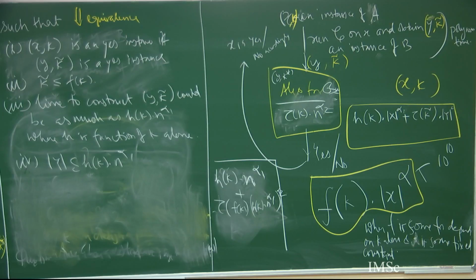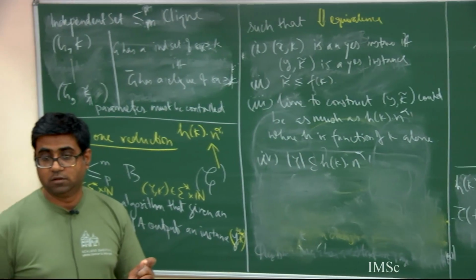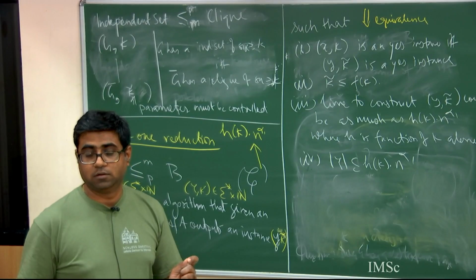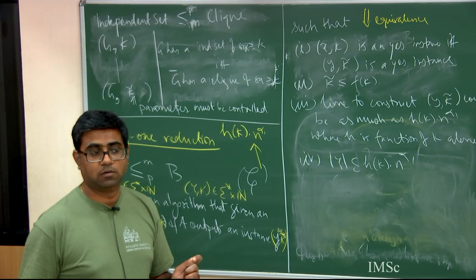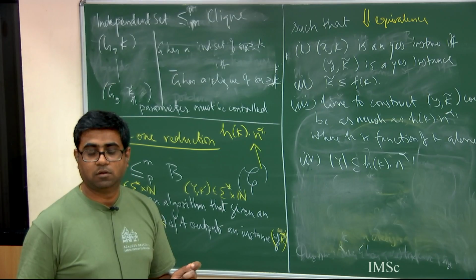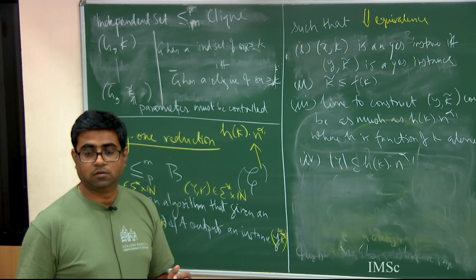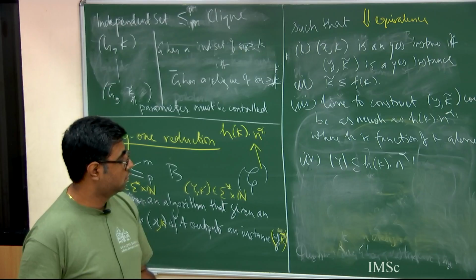No. The size of the input could be h of k into poly in n, but the parameter is still a function of k. So yeah, that's what I'm saying. If the size of n is also some h(k) n to the power alpha 1, yes, and my parameter is another h(k). Okay, so if I say this is FPT for the problem, what does that mean?